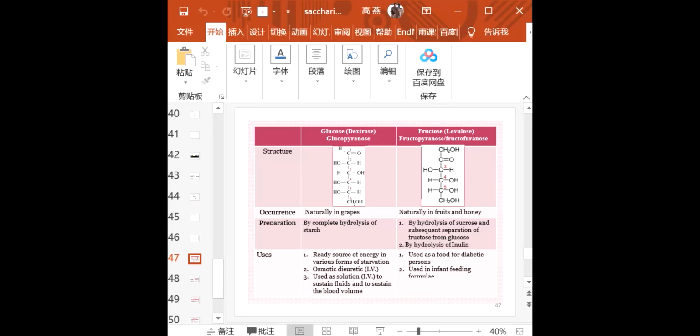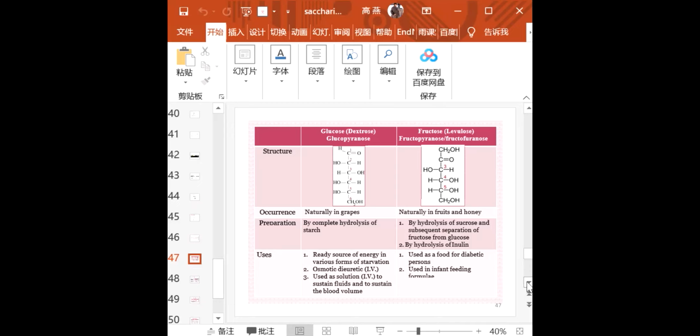Besides fructose, diabetic persons can also choose xylitol or sorbitol, amino sugar, or an appropriate amount of other forms of carbohydrate supply. Okay.